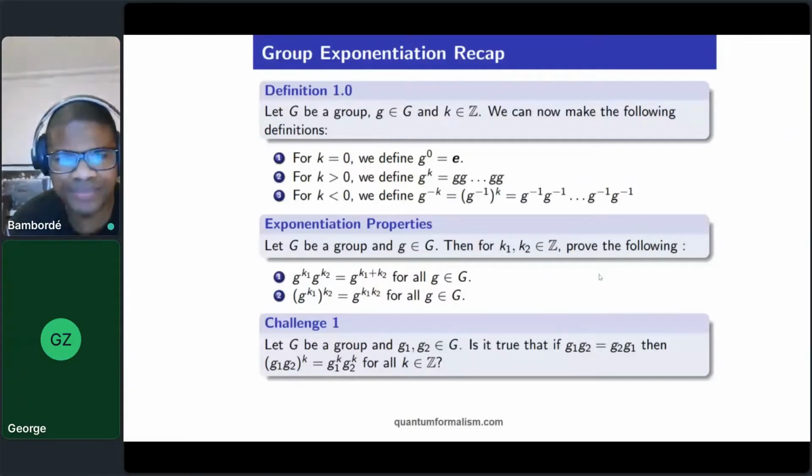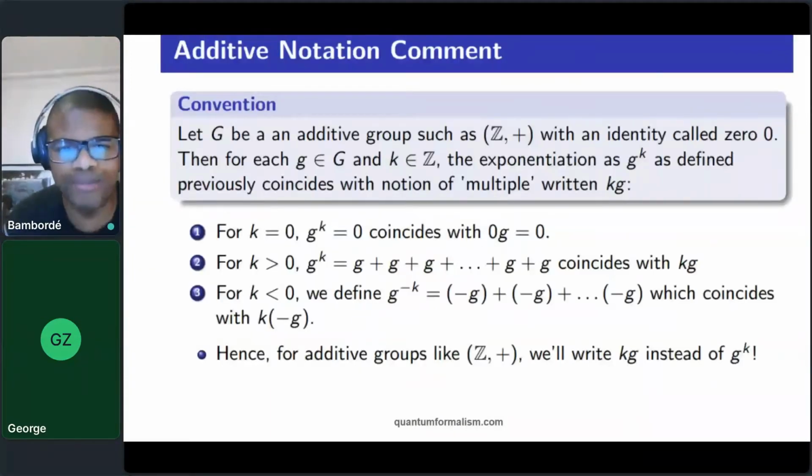Now here's a very important comment, and I hope I won't confuse you. When we deal with additive notation, for example with Z plus, the additive group of the integers, the identity is the zero that we all know. So the exponentiation, g to the k, coincides with the notion of multiple.